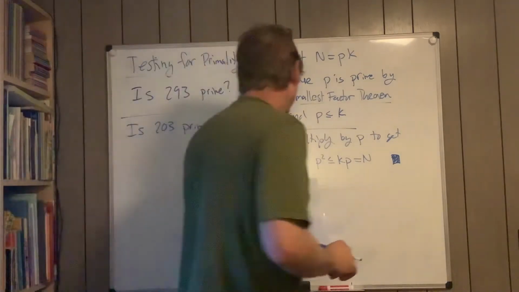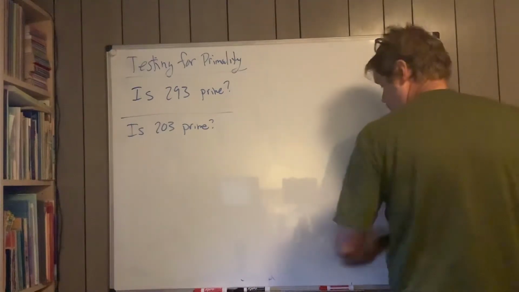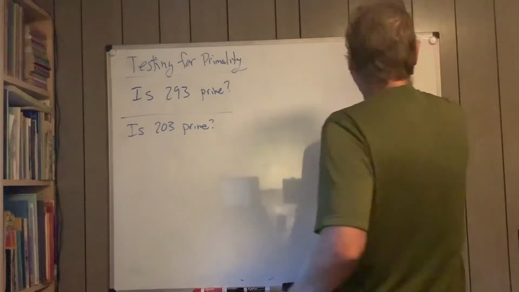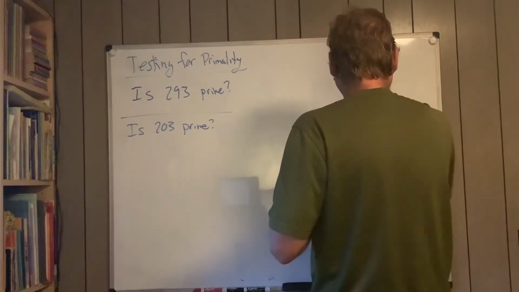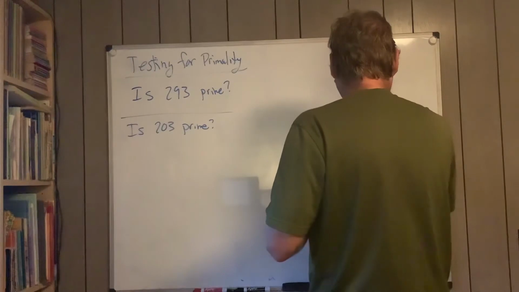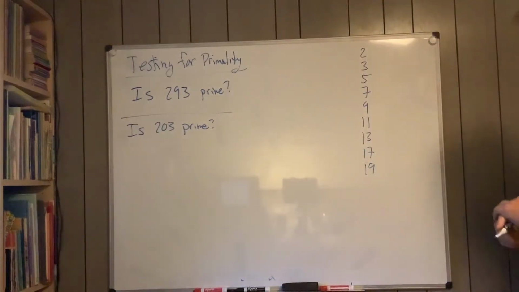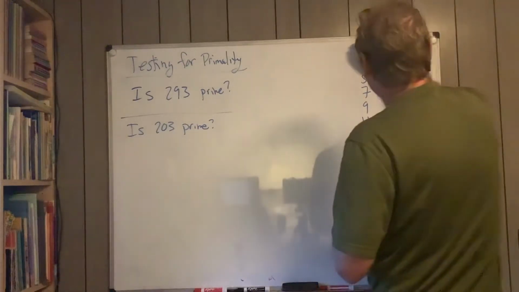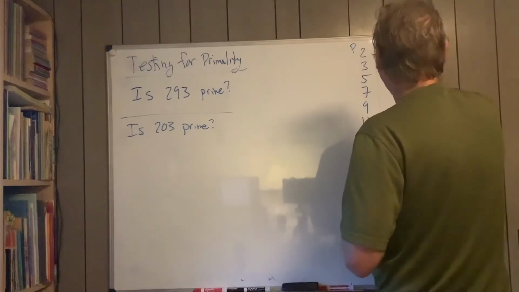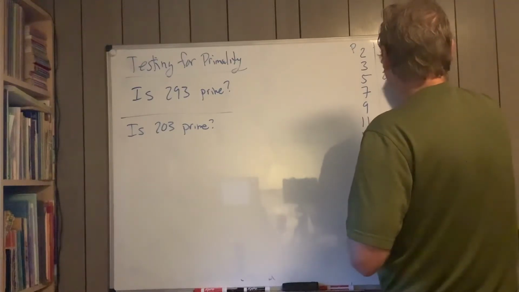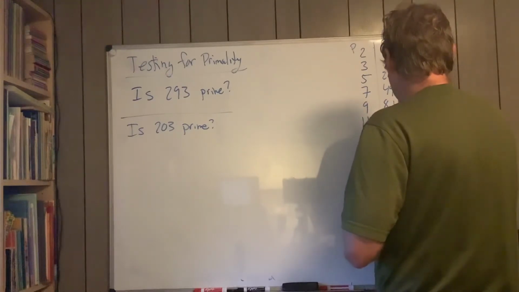One of the things that is going to be helpful is knowing some of the primes, so I'm going to write down our primes here. Let me label this P and P squared. 4, 9, 25, 49, 81, 121, 289.